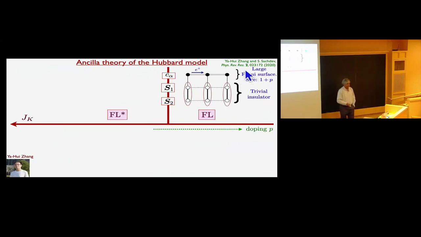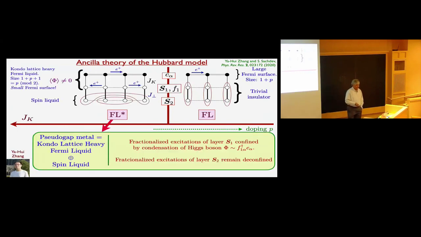But what happens at large JK? Well, at large JK, the top 2 layers form a heavy Fermi liquid, because that's what spins do when they're coupled to a Fermi surface. They form a large Fermi surface. So the top 2 layers are, quote unquote, going to confine.